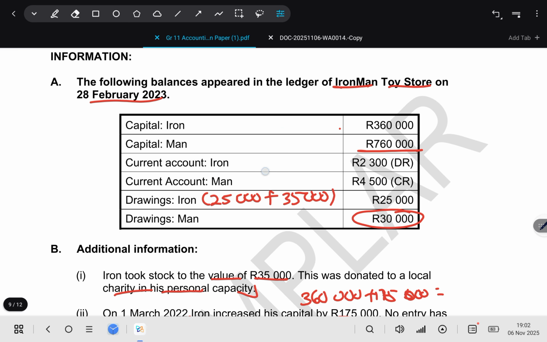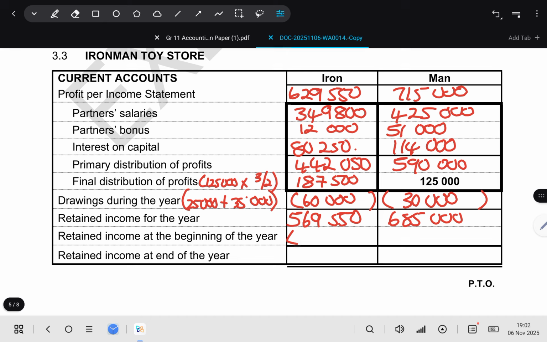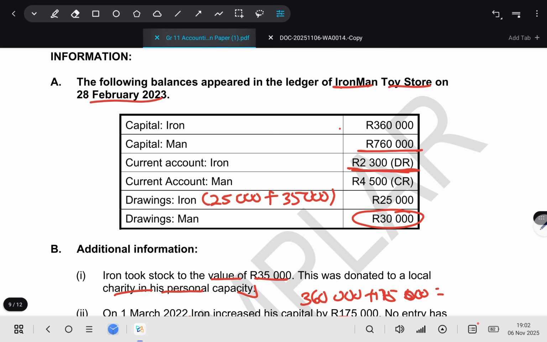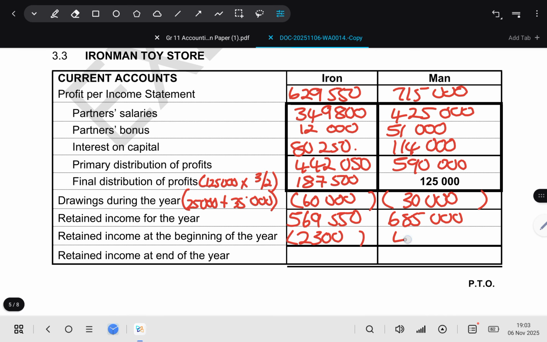Very important for us to make sure that we pay attention to the sign. So for Ion, he had a debit balance of 2,300. So Ion will put that 2,300 in brackets, and then for men, he had a credit balance of 4,500. So we'll have that 4,500 here.